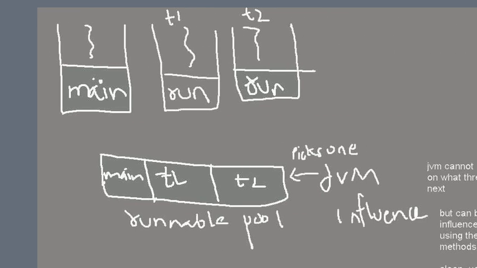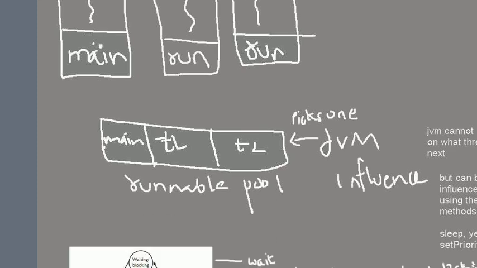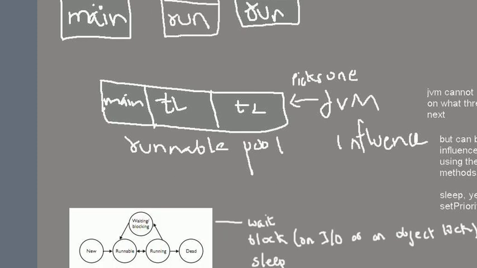So for example, say T1 and T2 are newly created, so they're in state new, and when you say .start, they move to the runnable pool, and then the JVM picks one thread out of the runnable pool, and that's how it works.